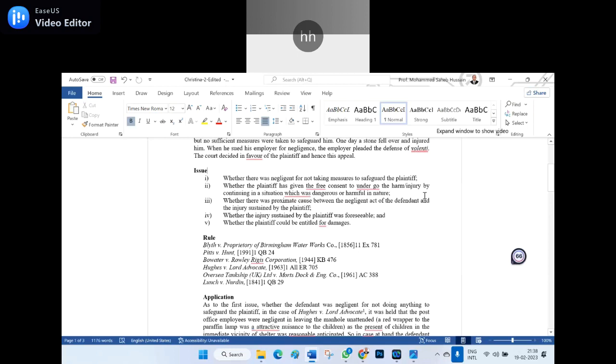Now, you need not write whether every time. You can write, there was a negligence for not taking the measures for safeguarding the plaintiff. Or on the second, that the plaintiff has given free consent to undergo the harm or/injury by continuing the situation which was dangerous or harmful in nature.